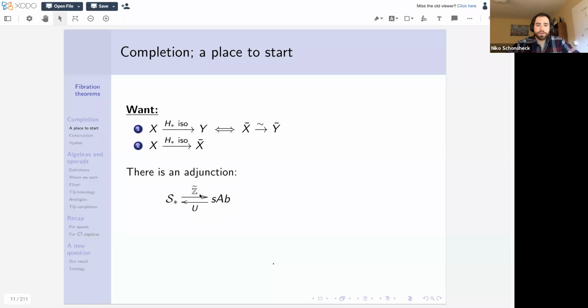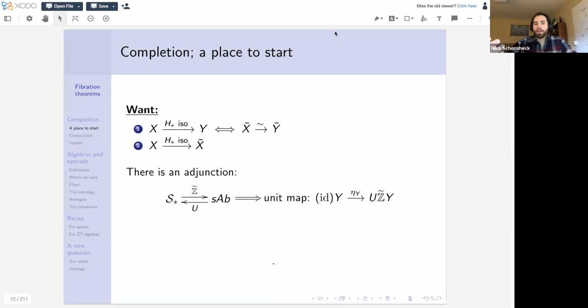And that's what this functor Z tilde does. So that's my left adjoint. And then, of course, I can forget the extra structure of being an abelian group, so I would have this forgetful functor U going back to simplicial sets. So I've got left adjoint on top, right adjoint on bottom.